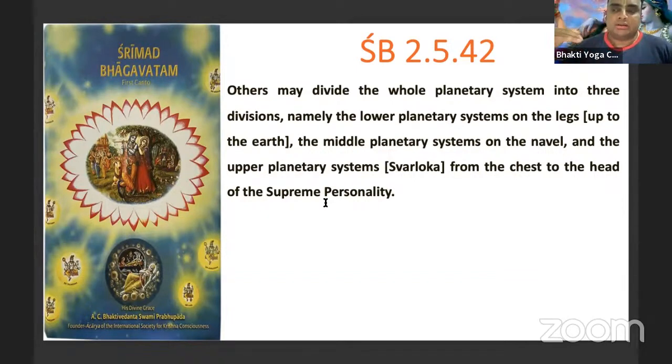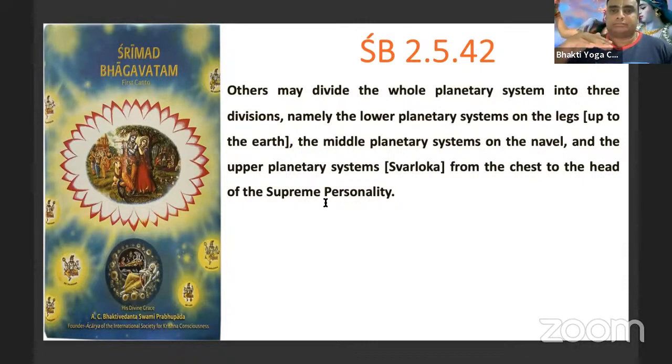So the description of the Virat Rupa is either like explaining every body part to be representing one specific planet, or there's also this general description where the entire Virat Rupa is simply divided into 3 main parts.